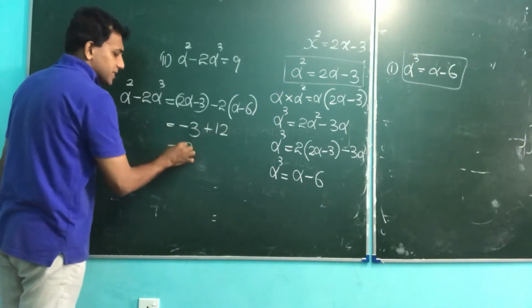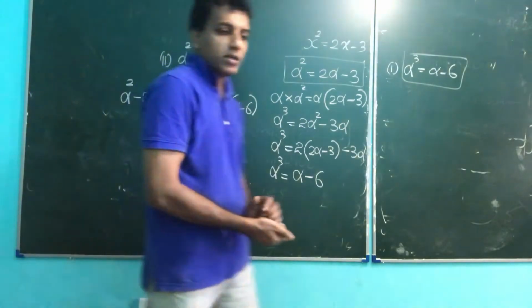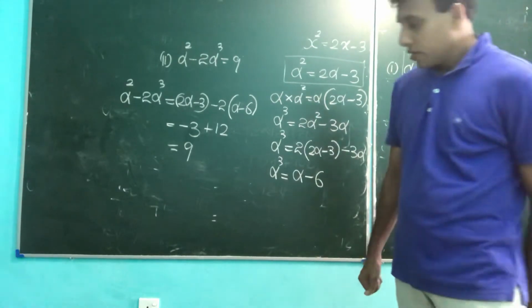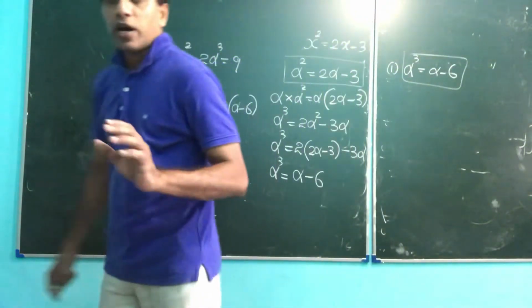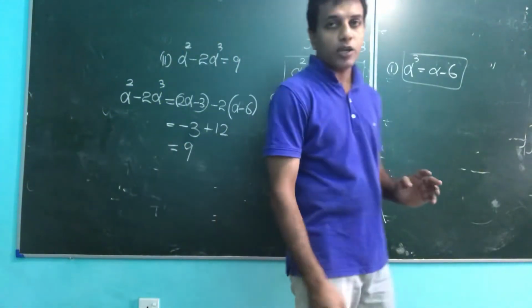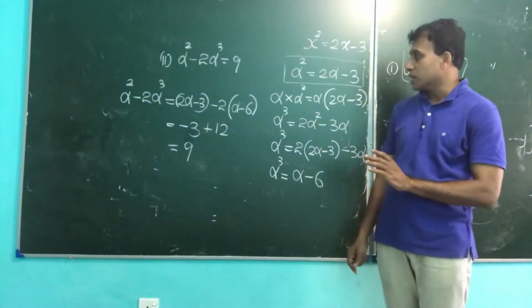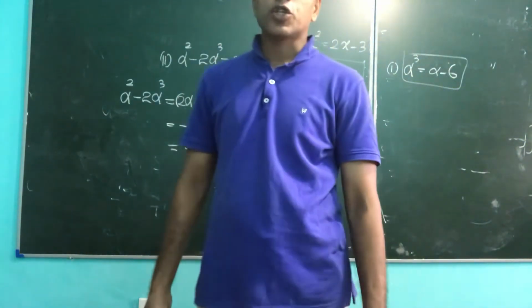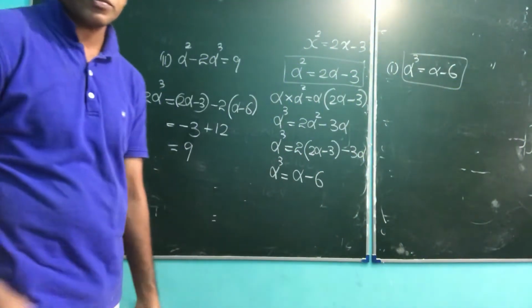Therefore the answer is 9, right? This is the method for that question. They said x square minus 2x minus 3, the solutions of that quadratic equation are only alpha, not the other one, maybe beta, whatever. Then show these answers.